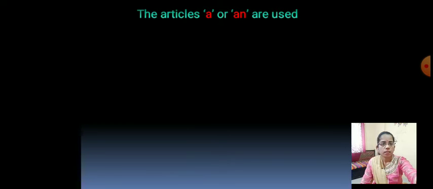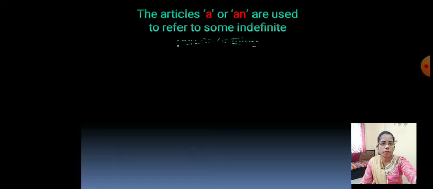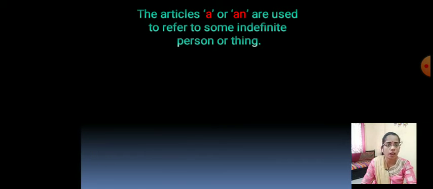Next, the article a or an is used to refer to an indefinite person or thing.